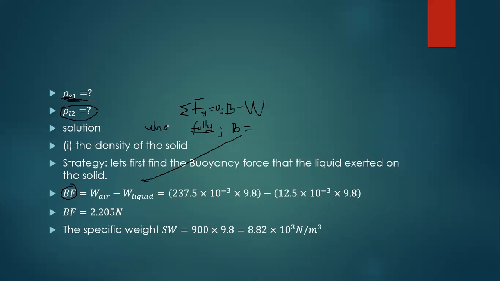Wholly is the same as fully. If an object is fully submerged in a liquid, then to get our buoyancy force, it will be the weight of the object in air minus the weight of the object in the liquid.